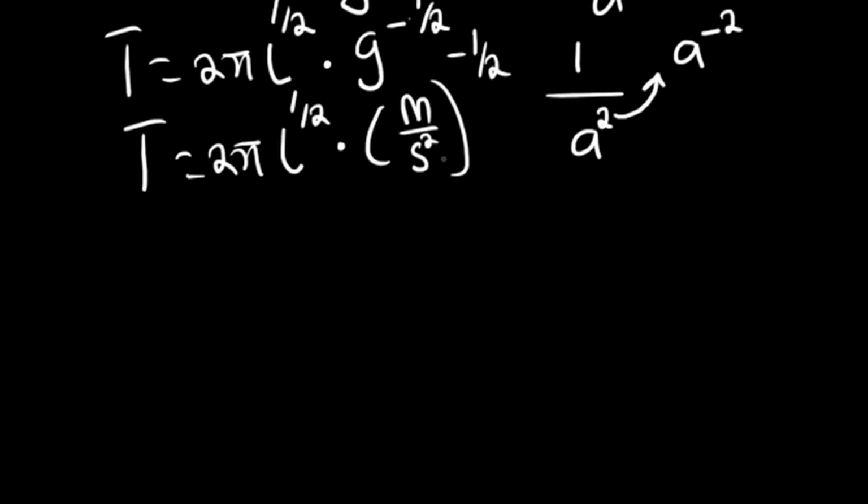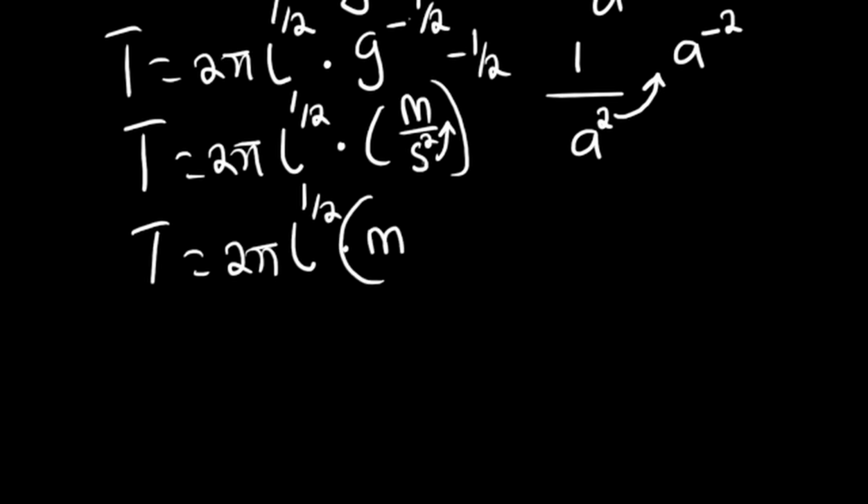So now what's the next thing that we are going to do? I'm also going to rewrite this using the same negative exponent rule that says when you have something at the denominator, you can take it upwards, but then the power becomes negative. Hence, we're going to have T is equal to 2π, and here we have L to the power 1/2, then multiplied by m, and then when this s squared goes up, it now becomes m s to the power negative 2.